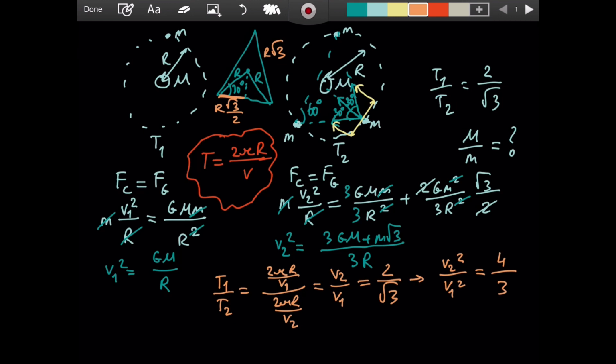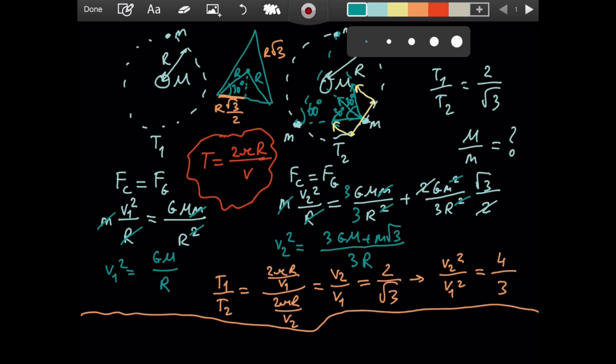Now we just substitute the expression that we found. We don't need a new page, I think. We can fit it here. Let me separate the workspace so that we can do it more clearly, with this good old color. So what is V2 squared? It is 3gm plus little m square root of 3 divided by 3r.